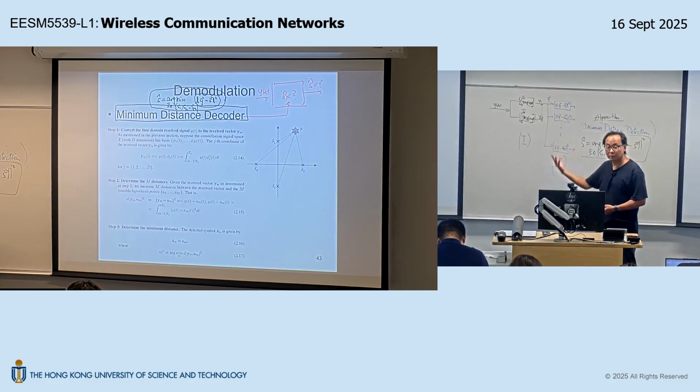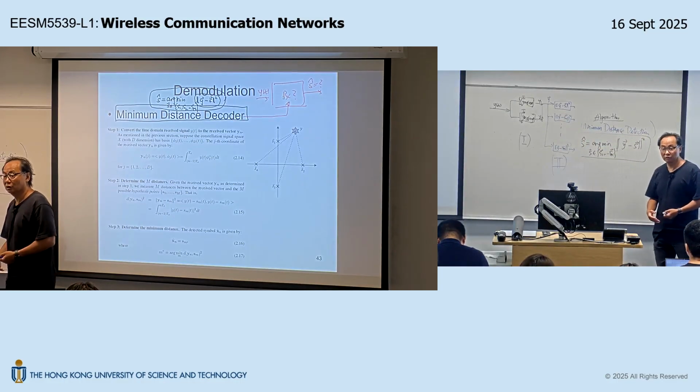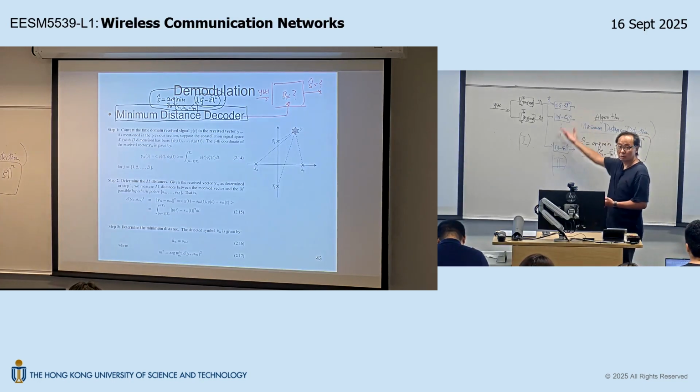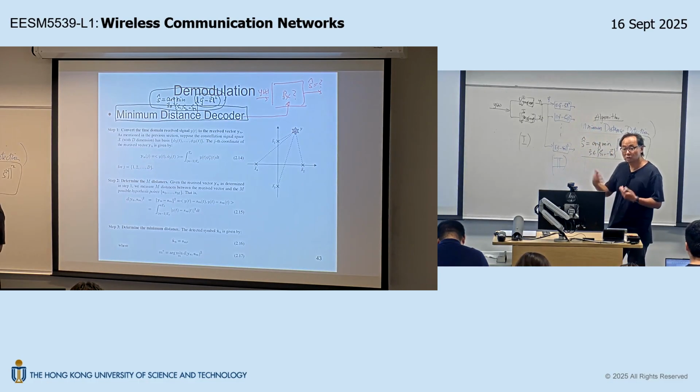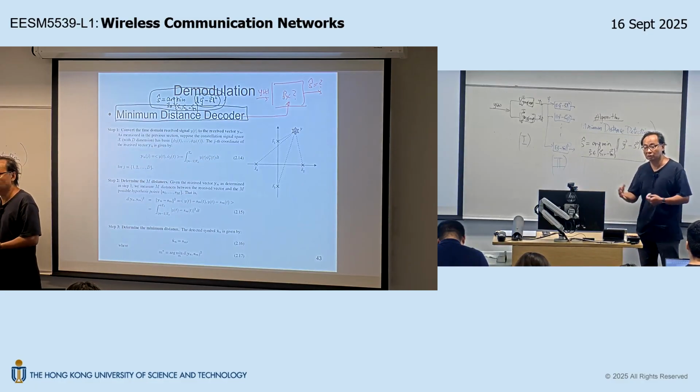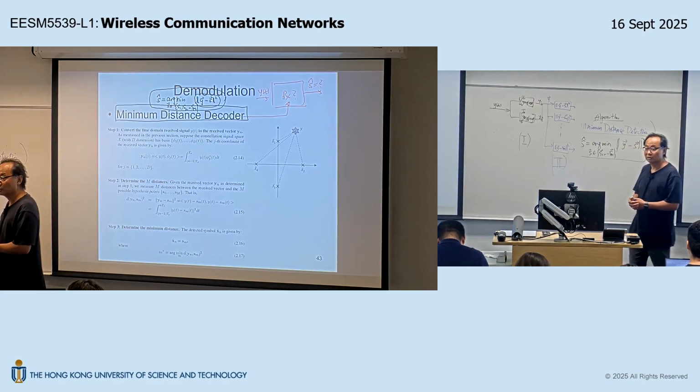But if I ask you to build an analog circuit to compute this, it is not that trivial. So obviously, you would like to compute this on a processor, for example a digital signal processor. If you don't have a processor, you may compute this using digital logic, right? FPGA or chipset. Is that okay?